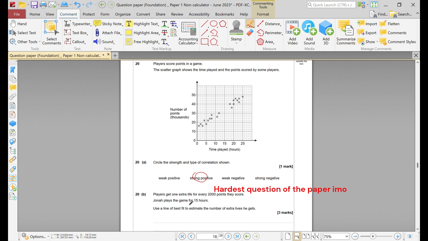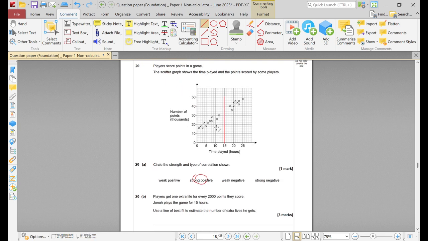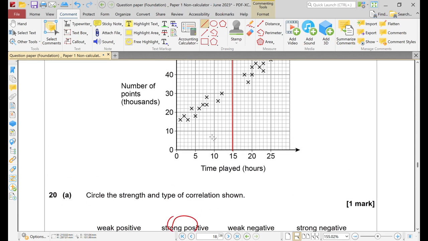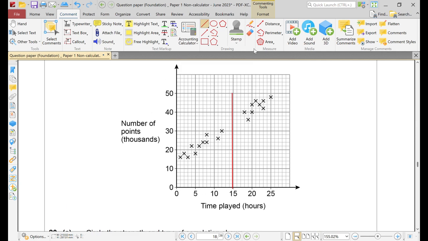Well, okay, it's only going to be an estimate because we don't actually know how many he scored. But he's played for 15 hours. So let's put that. And I'm going to estimate this correlation as well.